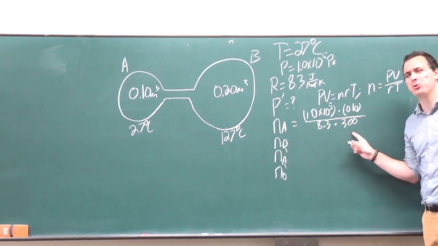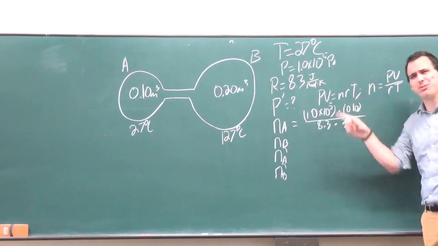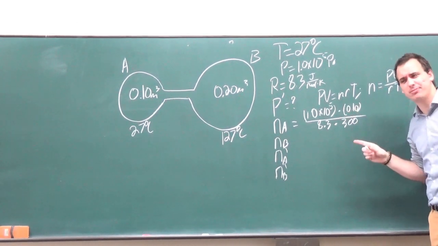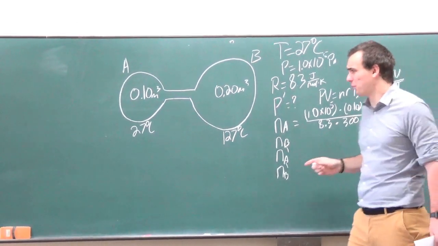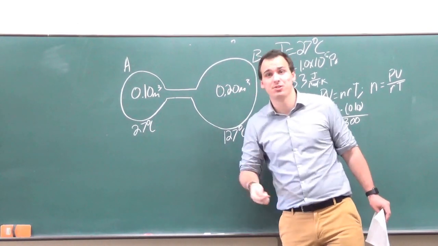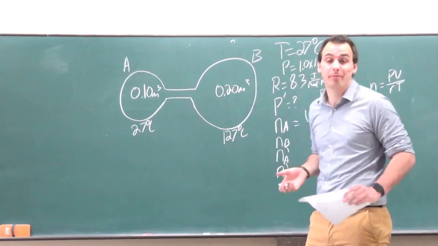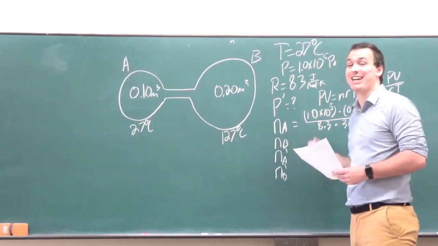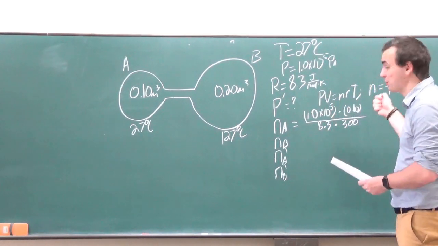Where did that 300 come from? I don't see 300 on this board. Well, the 300 came from the 27 degrees Celsius plus 273 to get 300 degrees Kelvin, because we have to use Kelvin.